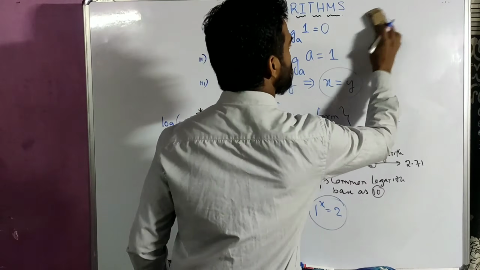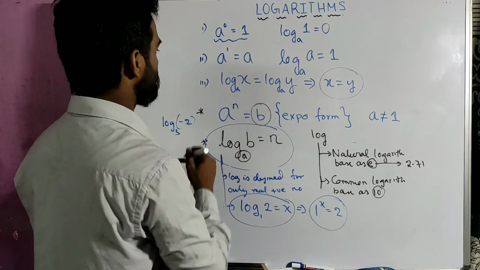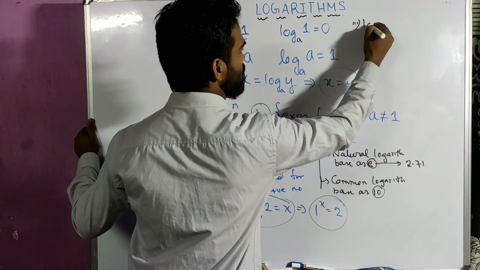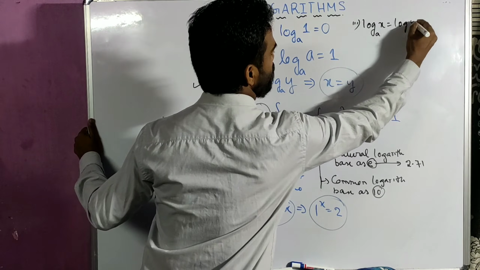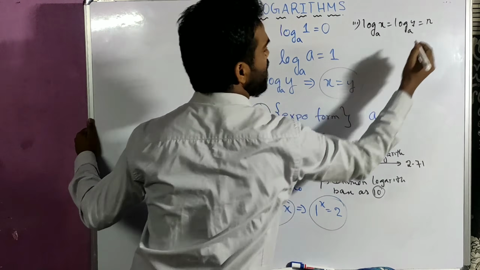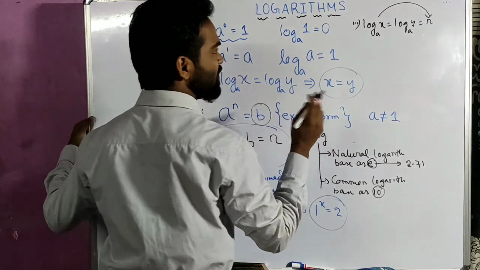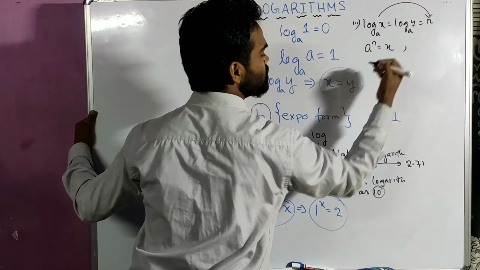Okay, now how did this come? Look over here. Number 3 I'm discussing. Suppose we take log x equals n and log y equals n. Now in exponential form, can we write a to the power n equals x?